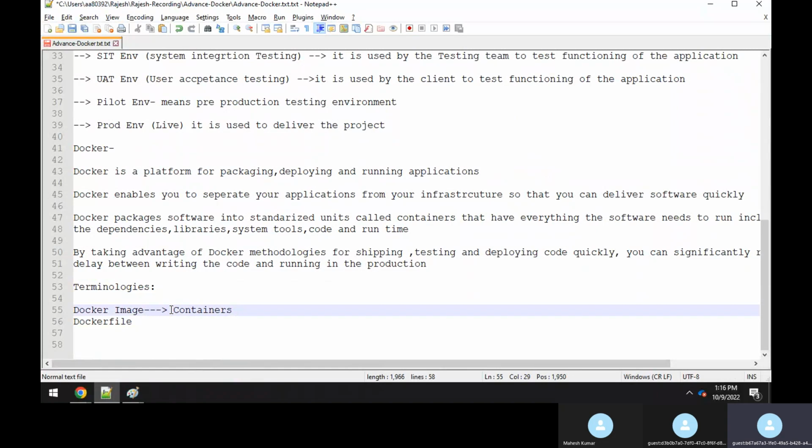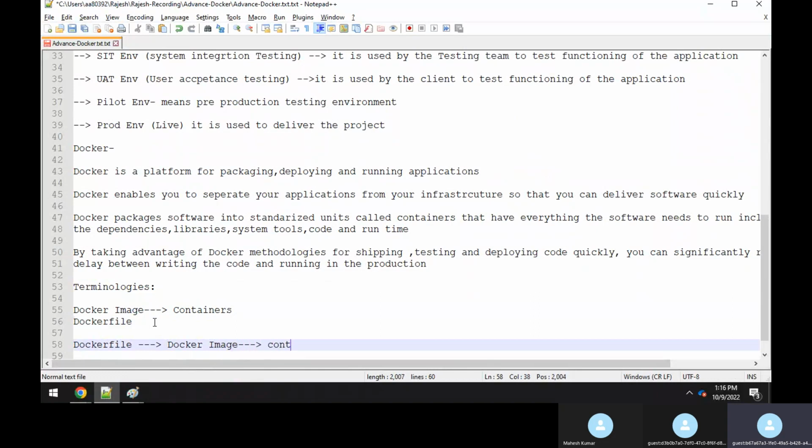To have a Docker image, you have to develop it with the help of a Dockerfile. So a Dockerfile is a method where you create a Docker image. With a Docker image, you finally create a running container. Means you have to run that image within a container, we say.